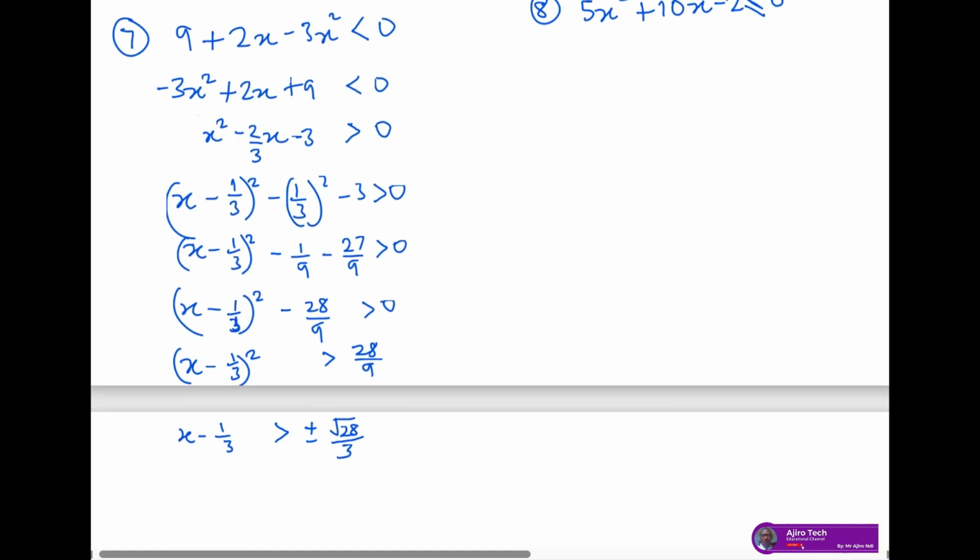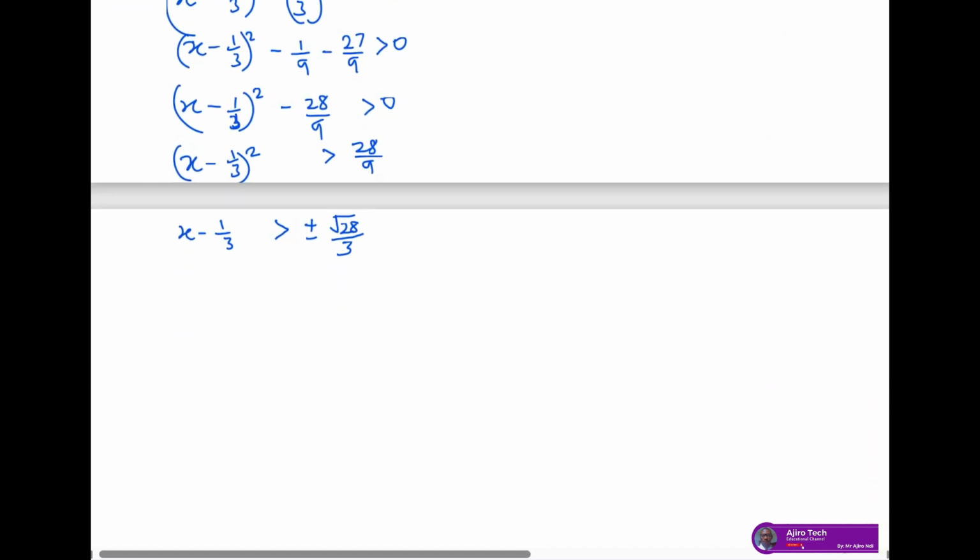So from here, I can take it across, x is greater than negative and positive 1 over 3 plus or minus. Okay, you know what? I shouldn't do this. From this point, I made a kind of blunder. So let me go back. I made a blunder here.